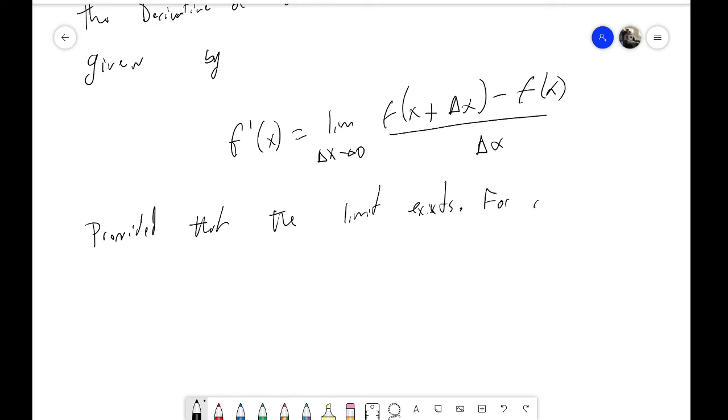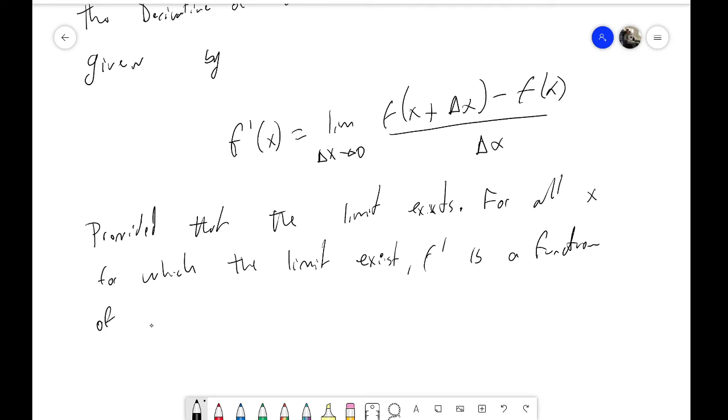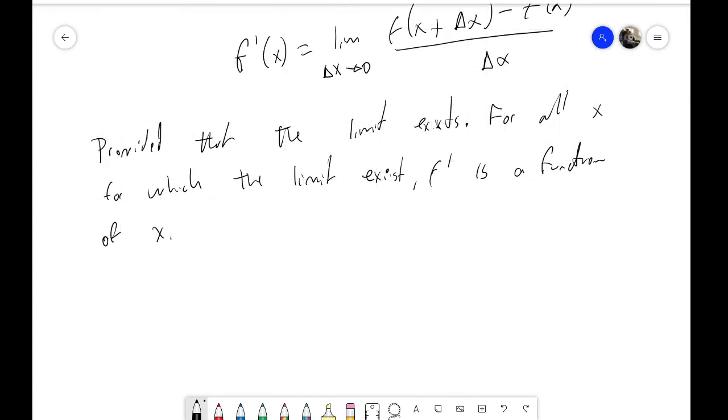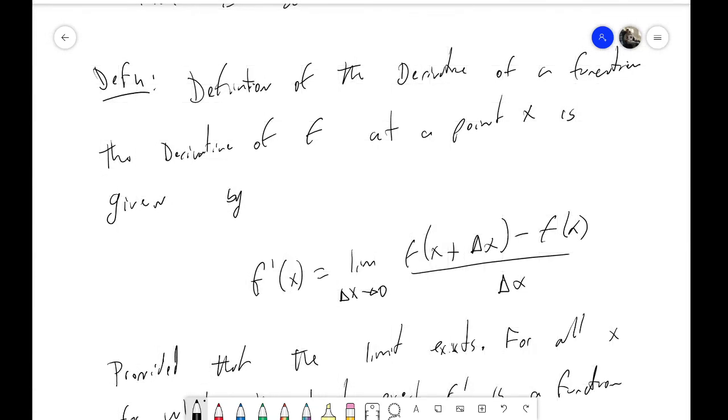And for all x for which the limit exists, f prime is a function of x. So notice here we have two things going on. I'm going to change the color of this.